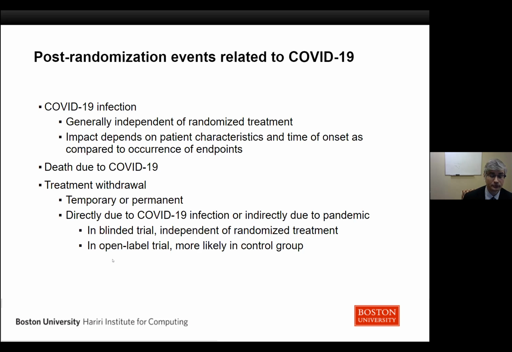There's also, for those events, considerations about blinding, whether the trial was blinded, in which case it's fair to say that those events are independent of the randomization strategy. While in open label trials, we may think that those discontinuation or deviation are more likely in the control group.